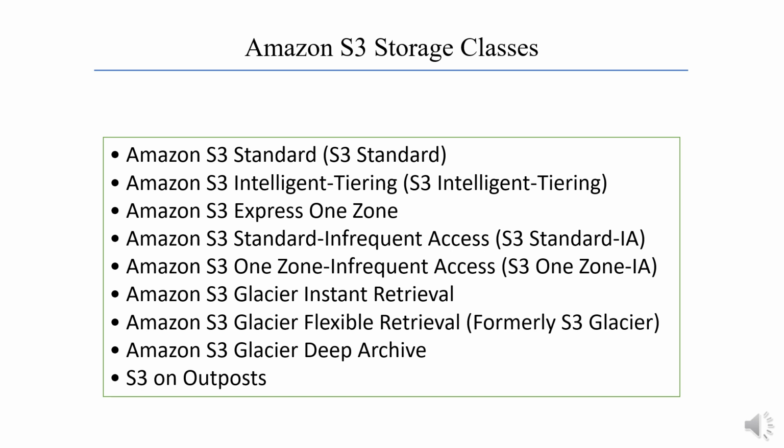Based on various use cases, Amazon S3 offers a range of storage classes as follows: Amazon S3 Standard, Amazon S3 Intelligent-Tiering, Amazon S3 Express One Zone, Amazon S3 Standard-Infrequent Access, Amazon S3 One Zone-Infrequent Access, Amazon S3 Glacier Instant Retrieval, Amazon S3 Glacier Flexible Retrieval, Amazon S3 Glacier Deep Archive, and S3 on Outposts.